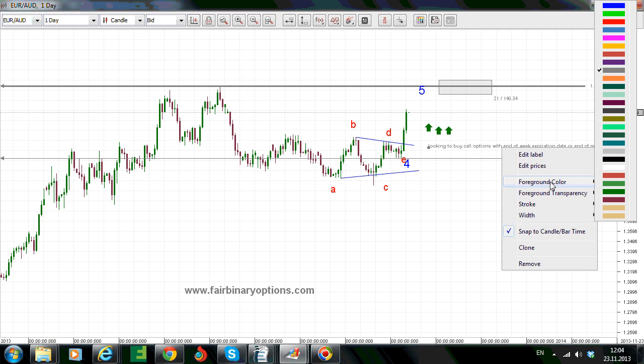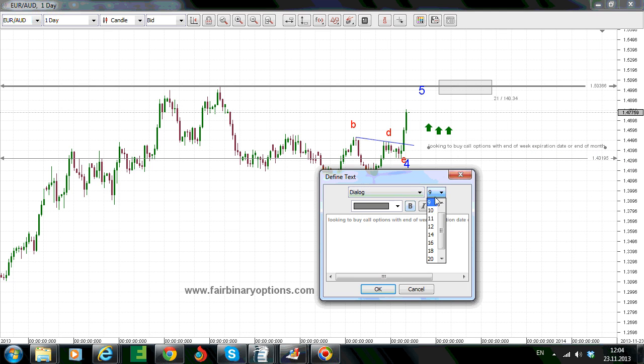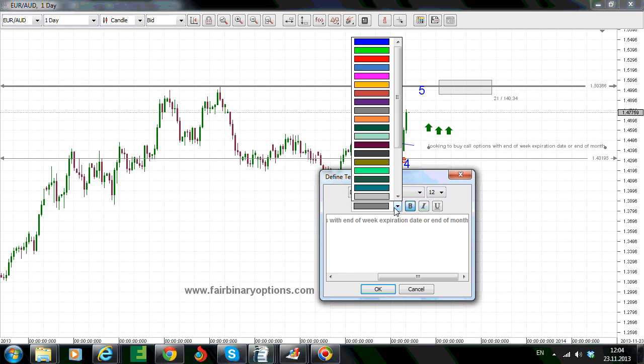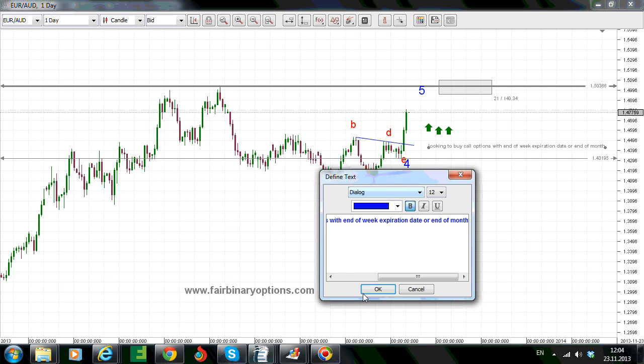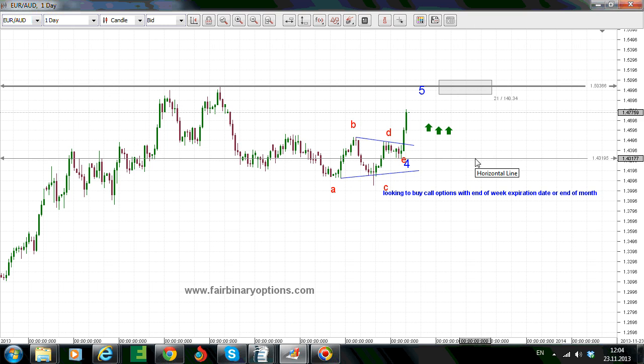So let me make this one a bit bigger, and change the color for it a bit, like this. So this is our recommendation for the euro and Australian dollar, as this move is an impulsive move and most likely heads to new highs. It remains to be seen.